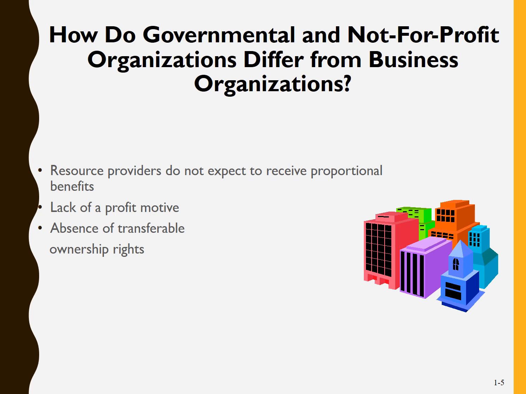Now, there are lenders on the for-profit and the not-for-profit side, which would be a similarity, but in this case we're talking about ownership, so there are no stockholders. That gets to the next point: there's a lack of a profit motive, and an absence of transferable ownership rights. The taxpayers don't own the government in the sense that they could go out and sell their shares of the entity that they pay taxes to. They're not transferable.